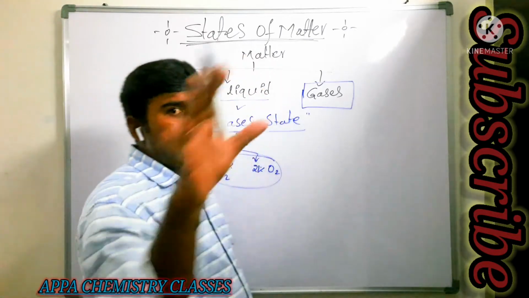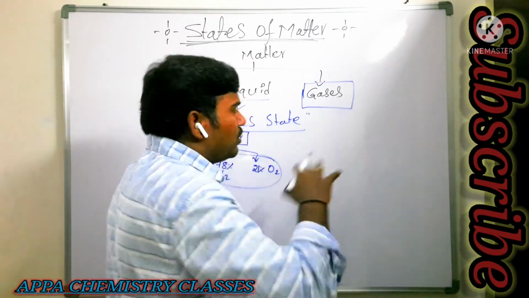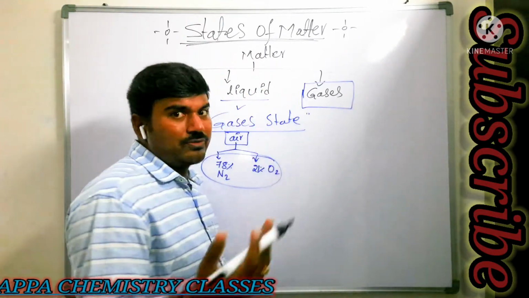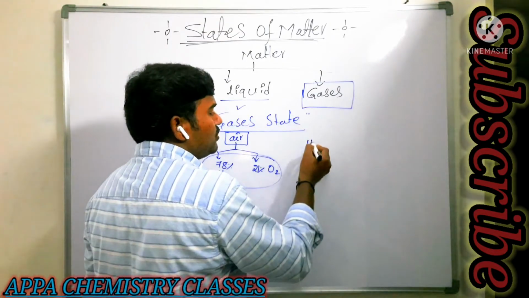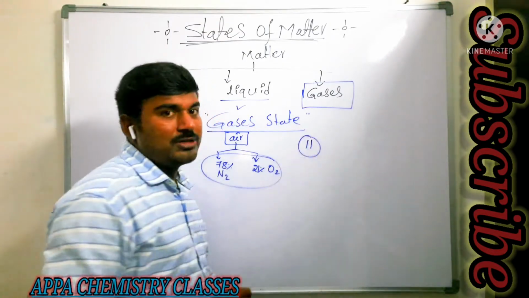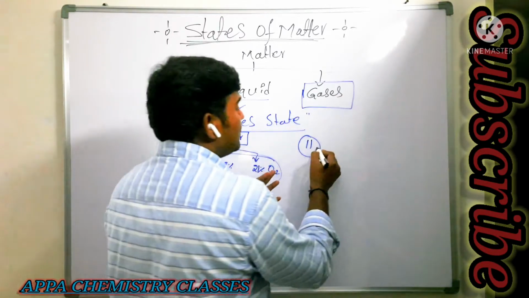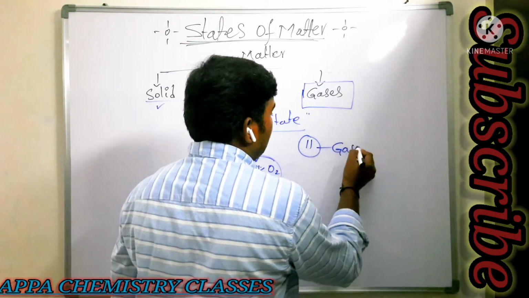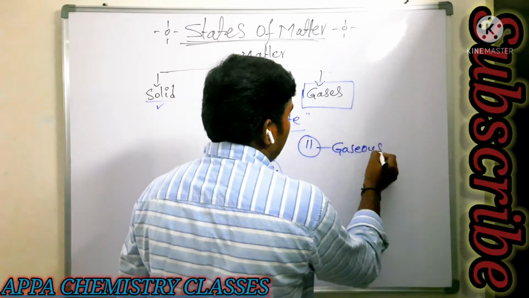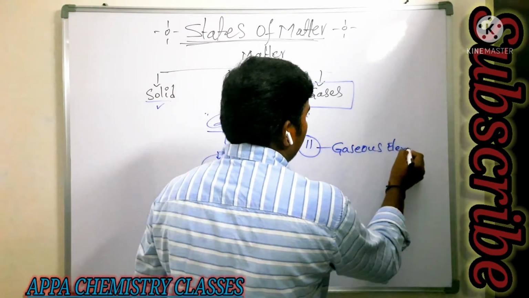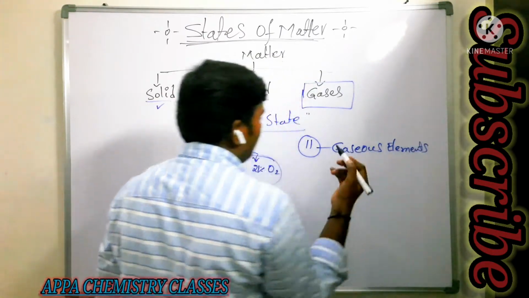Now in the total periodic table, how many gaseous elements are there, do you know? Out of 118 elements, gaseous elements are only 11. What are those?